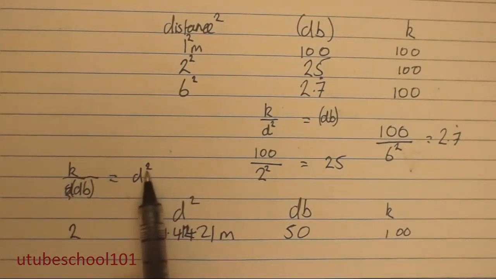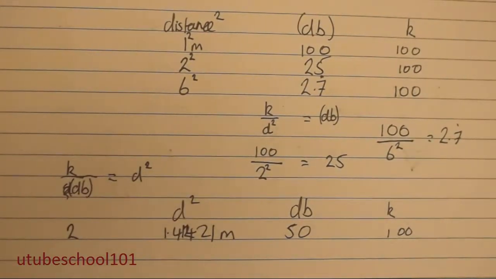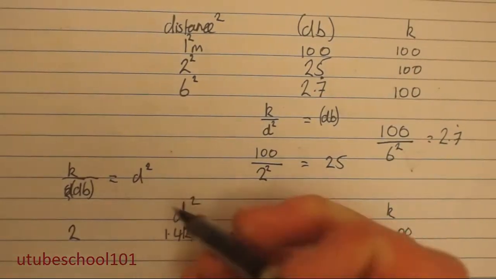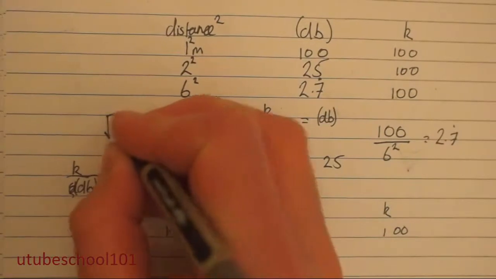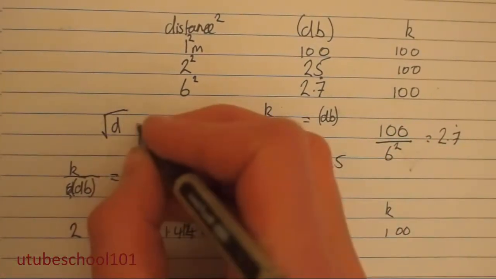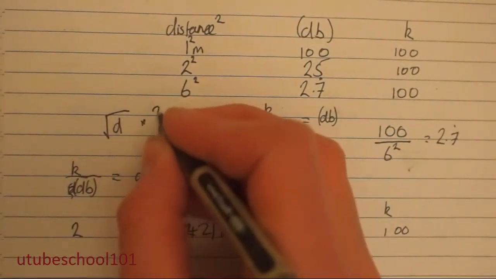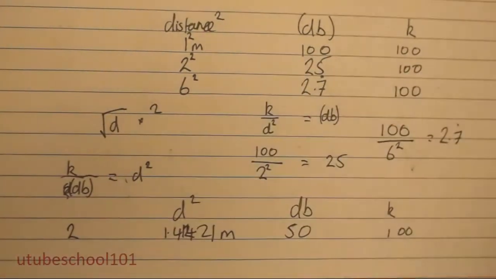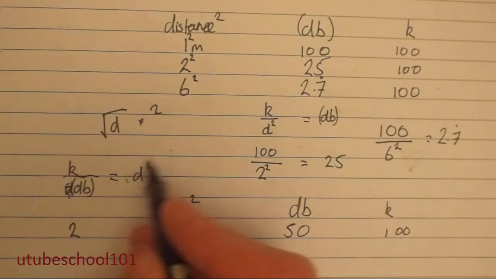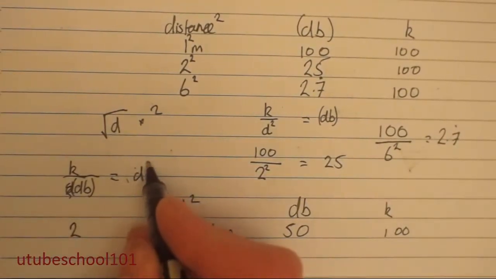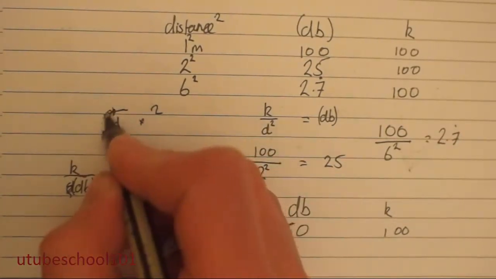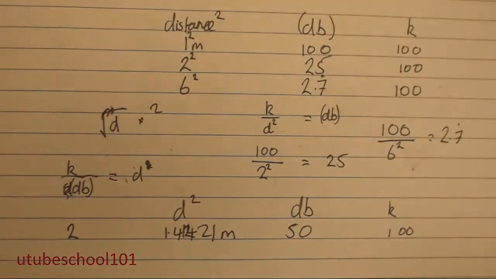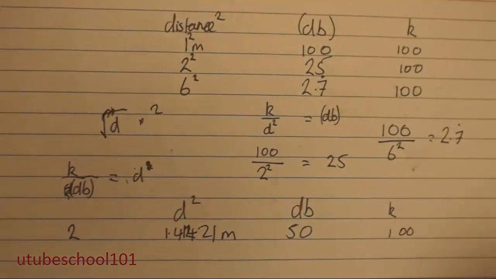You have to be aware of squares and also square roots. If we're left with d equals a square root, we would have to square it to remove that square root, just like here we had to square root it to get rid of the square. It's just using your common maths to sort out equations. That's essentially what this is.